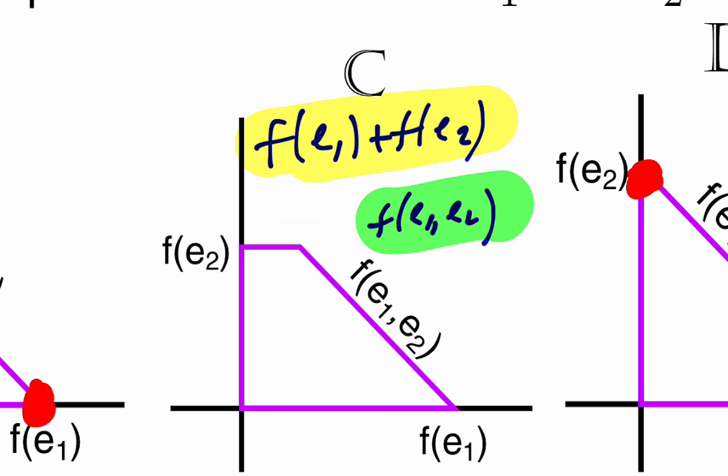Well, what is f of E1? Is f of E1 greater than or less than or equal to f of E1, E2? Remember, the lines are always negative 45 degrees. You can just see this from looking at this plot. It's a negative 45 degree line, right? This guy's negative 45 degrees.